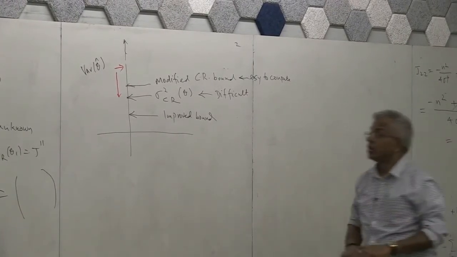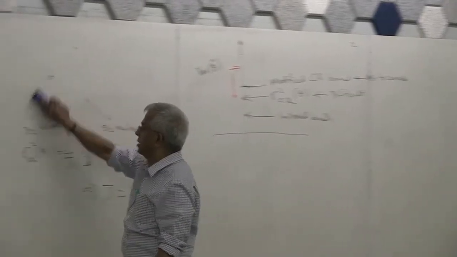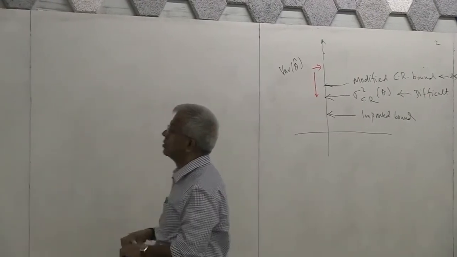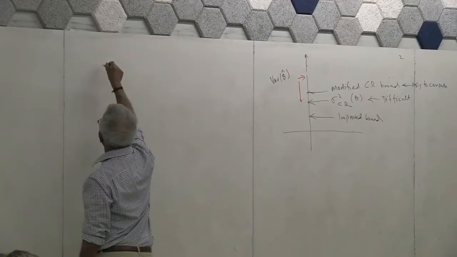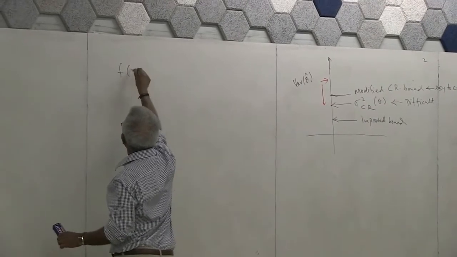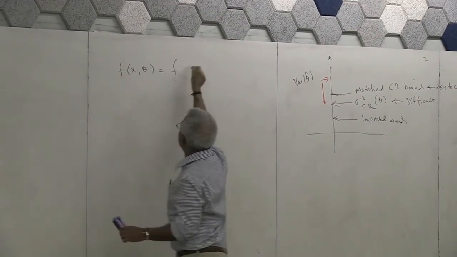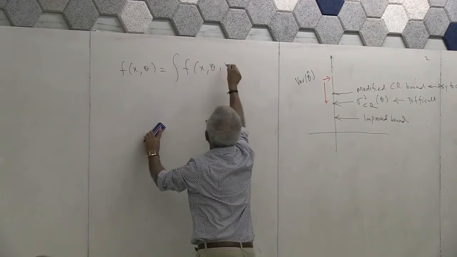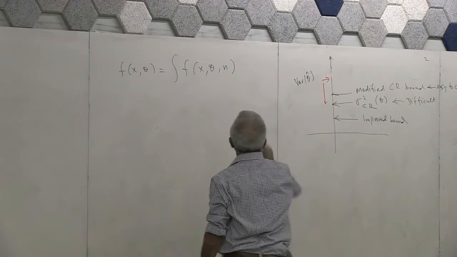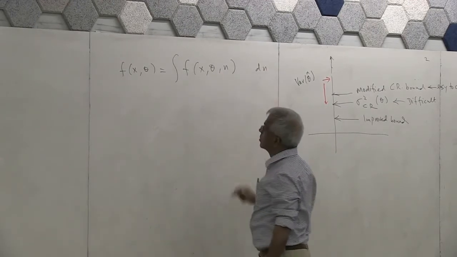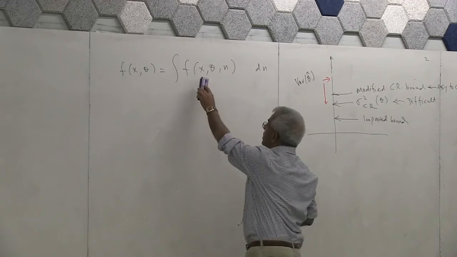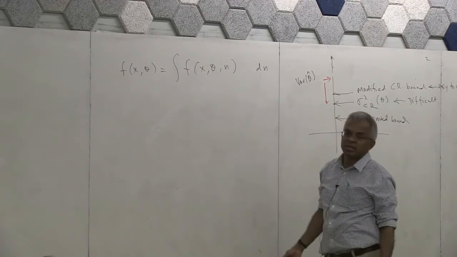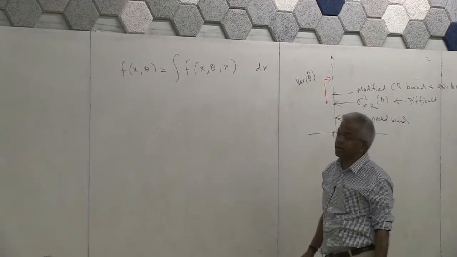I didn't bring this up again, but I gave you the notes. Obviously x depends on theta, but x also sometimes could depend on some other random variable, n.